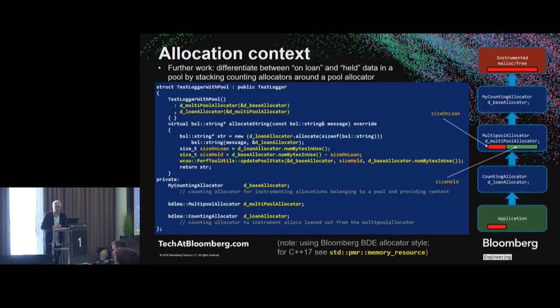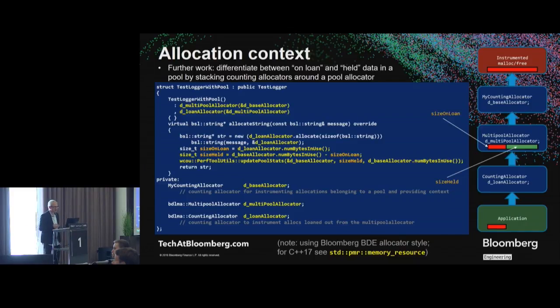Can be useful, right? You could obviously take this much further, and add in lots more context that tells you about your system. Something that I'm working on at the moment is to make this kind of pool representation smarter. What you really want to know is, if I have a pool, how much of the data in that pool has been lent out to the thing that's using that pool, and how much is actually held currently by the pool, to give you an idea of whether that pool is being used efficiently.